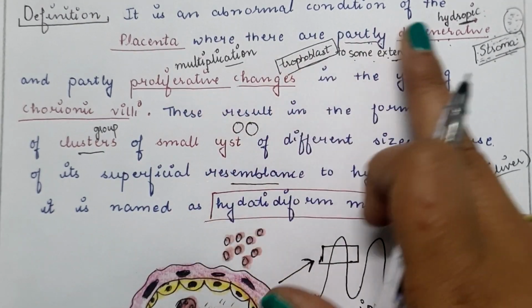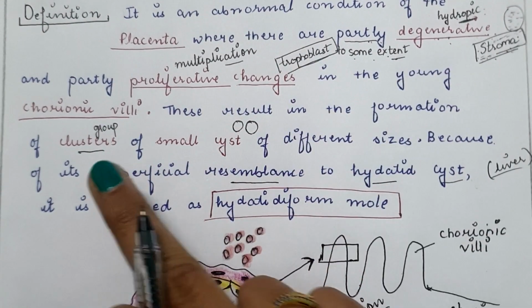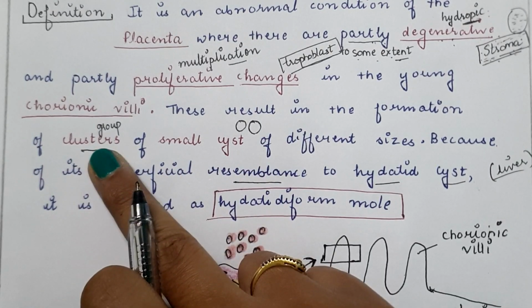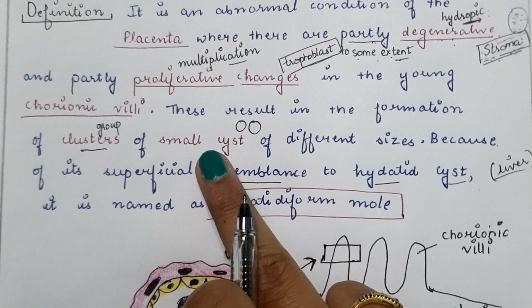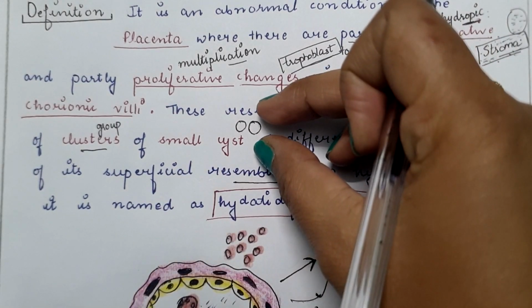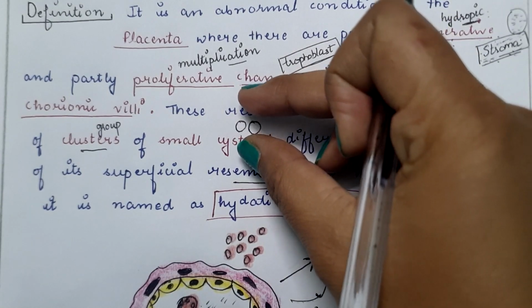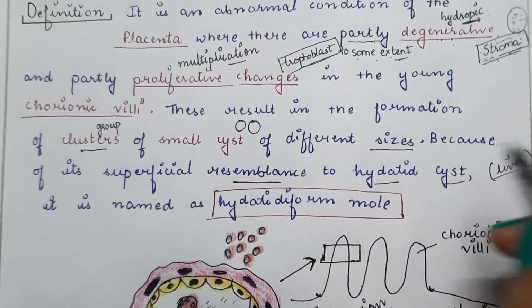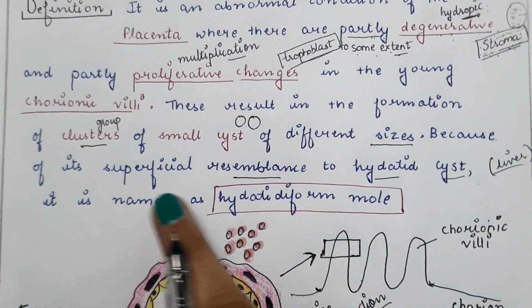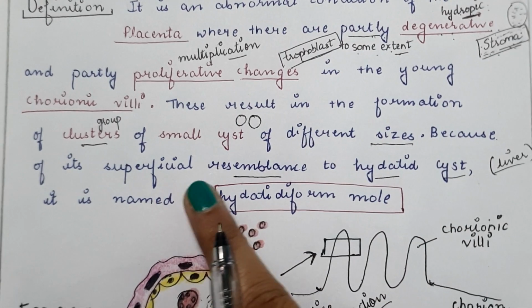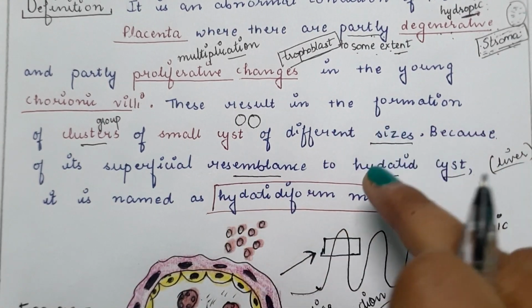Because of these changes, there will be the formation of small cysts, in clusters, meaning groups of small cysts. What are cysts? These are fluid-filled sacs or pockets containing fluid, which are of different sizes, and because of their superficial similarity to the hydatid cyst.